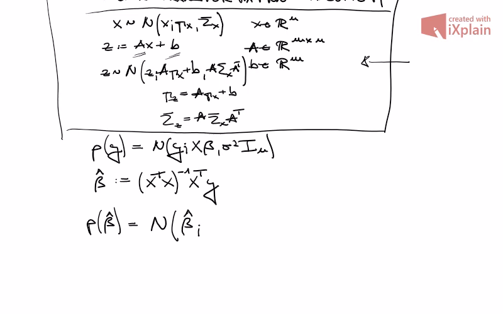Come on! X transpose X to the power of minus 1 times X transpose. Exactly. And if I now use that A, with what do I have to multiply to get the expectation parameter? X beta.